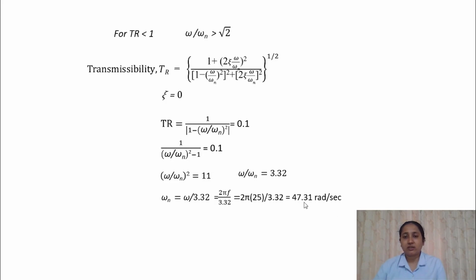We know that natural frequency is equal to the square root of k by m. If mass is known and natural frequency is also known, we can calculate the stiffness. Just substitute the values and get the stiffness. If we keep the effective stiffness of that isolation system as this much, 11.6 kips per inch, we can make sure that the response of the isolated system is only 10% of the foundation response.